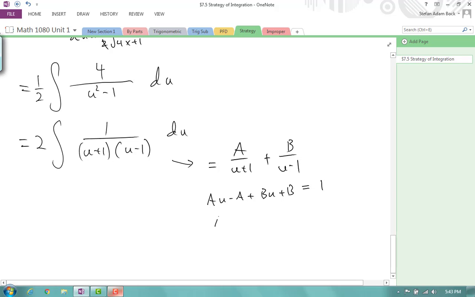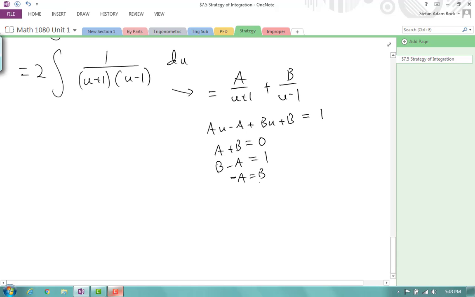Which means that a plus b, there's no u term over here, so this is equal to 0. And b minus a would have to be equal to the 1. So b equals minus a. That's from the first one. So I have minus 2a equals 1, which means a equals minus 1/2, which means b is equal to positive 1/2.